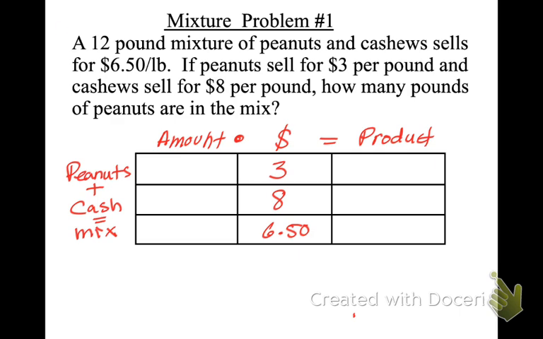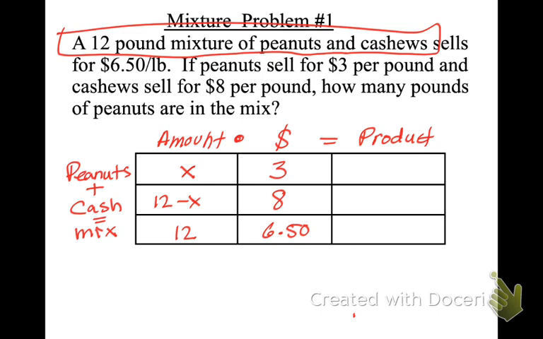Okay, now, a 12-pound mixture of peanuts and cashews. So where does that 12 go? It goes under the bottom. Right, do we know how many peanuts? So we call it x. What are we going to call the cashews? 12 minus x. Then we multiply all the way across.